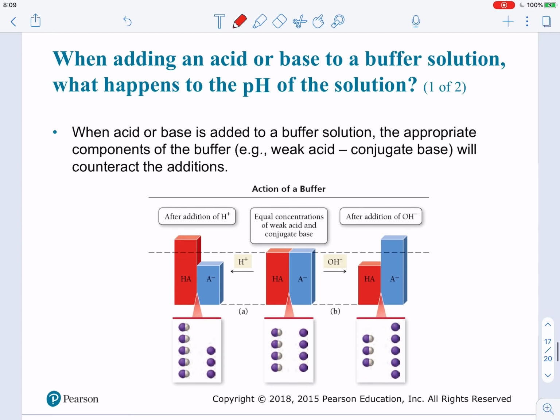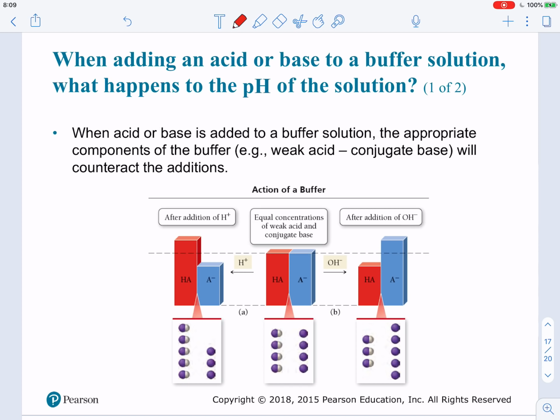So graphically, what happens when you add acid or base to a buffer? And this is, now we are going to enter into the calculation: how good the buffer is at controlling pH. In this particular case, here in the center, we have equal concentrations of the acid and the conjugate base.